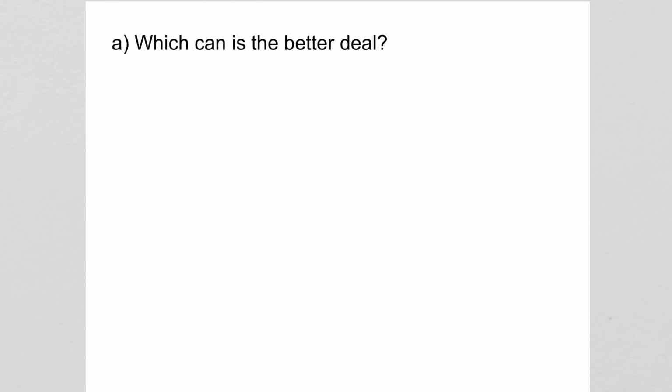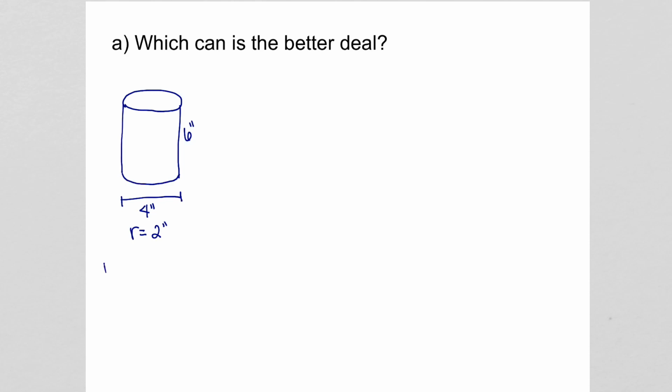So, the first one is, let's see if I can draw a cylinder here. It's not too bad. It says that the diameter is 4 inches and the height is 6 inches. So the radius would be 2 inches, the diameter divided by 2.